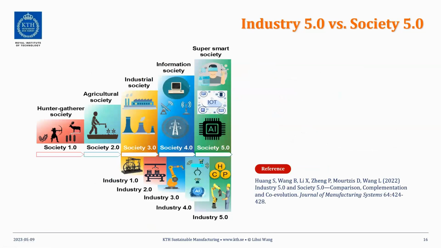Comparing Society 5.0 with Industry 5.0, they follow the same timeline, but with a different time span. Industry 5.0 is much shorter. It started from Society 3.0, that's the Industry 1.0 starting point. If you're interested, you can also check this reference here for more details regarding Society 5.0.